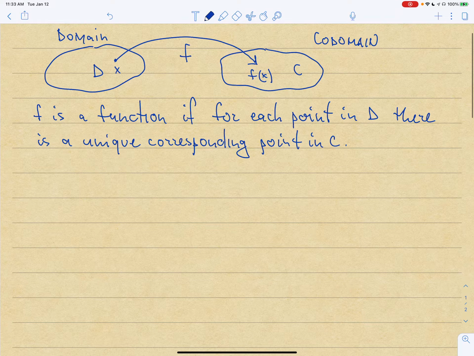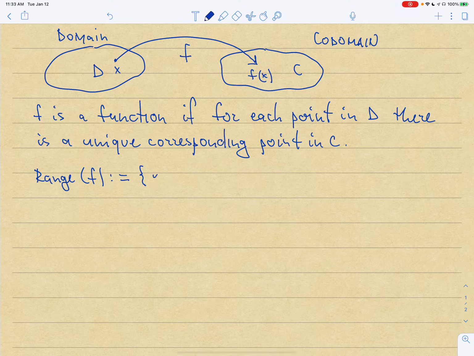And then we also have a notion of range. Range of f is going to consist of all points y in C such that there exists an x in D such that f of x is equal to y.